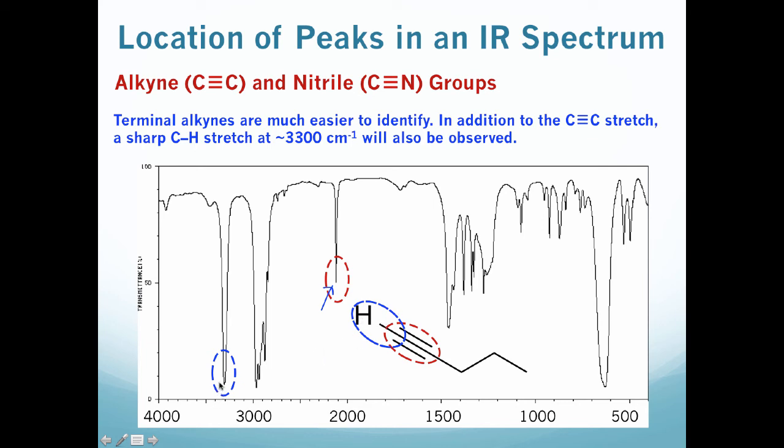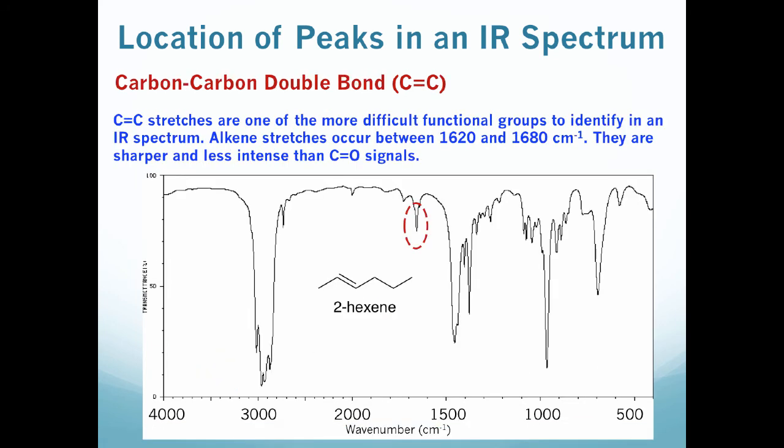And that's a very diagnostic peak right around 3300 wave numbers, and that's what we see right here. It's much more narrow than an alcohol, so you don't have to worry about getting it confused with the OH. So if you see an alkyne carbon-carbon triple bond stretch as well as an alkyne CH stretch, you can pretty much say that you have a terminal alkyne in your molecule.